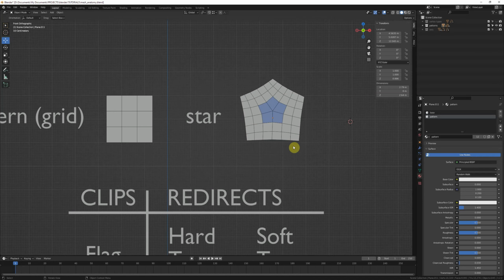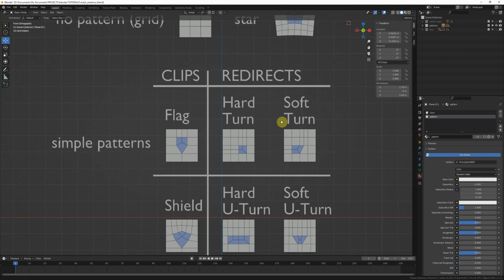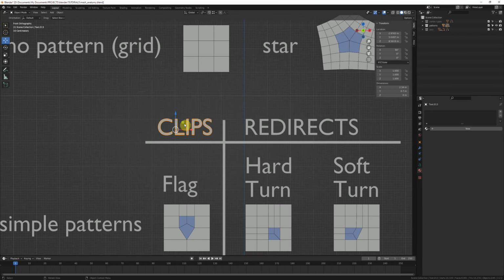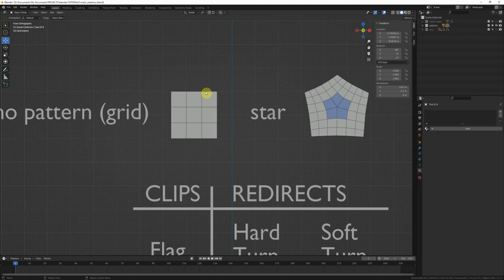So it's more about shifting where the defining loops of those axes are starting, and that's how you would move them around. In terms of actual patterns, I basically consider there to be 2 different pattern families. There's clips and there's redirects. A clip is meant to solve an irregular number in the same axis.